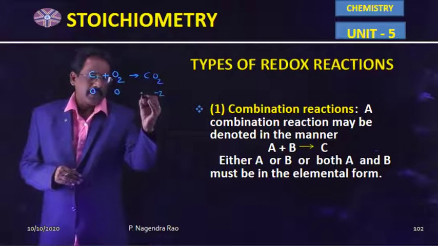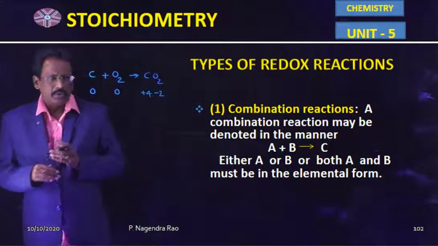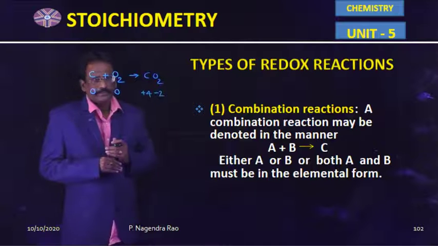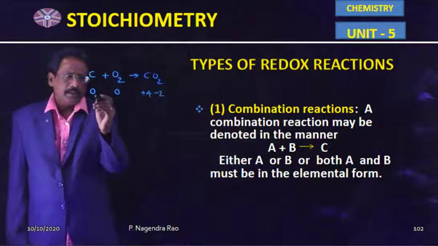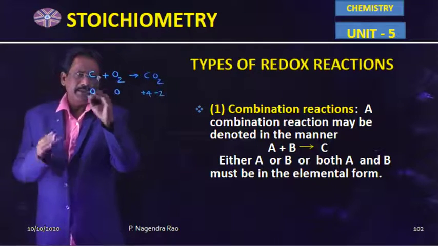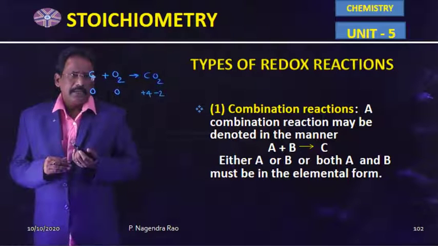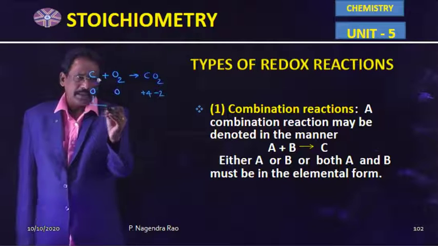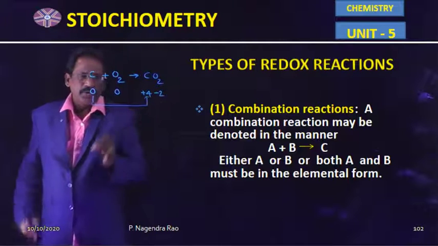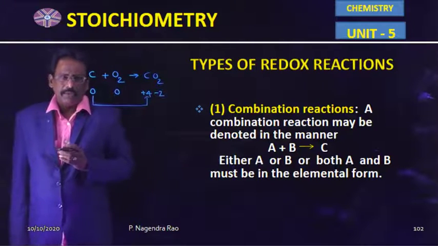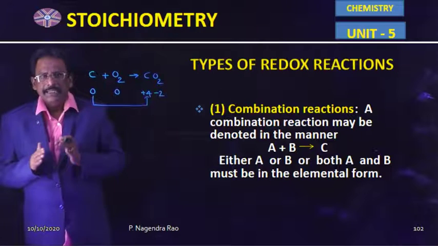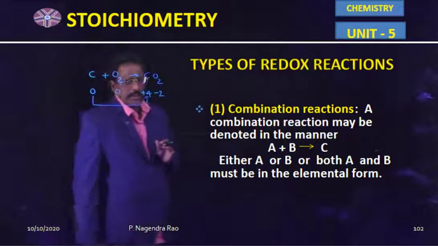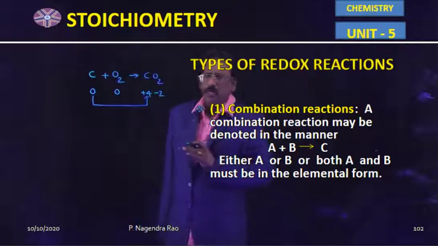Therefore, carbon oxidation state in CO2 is equal to +4. So, by comparing the same elements in the reactant side and product side, carbon oxidation state increases from 0 to +4. So a very important point is that increase in oxidation number is known as oxidation.